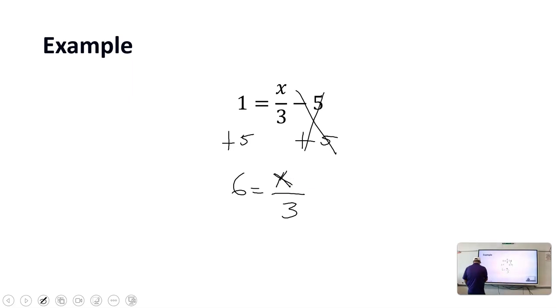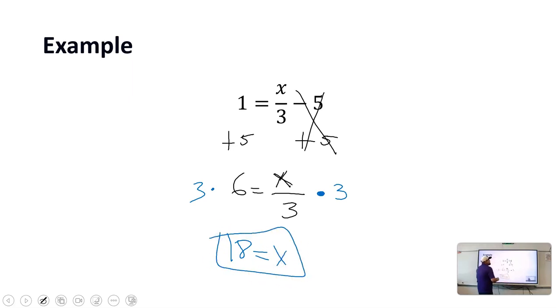Okay, and the inverse of division is multiplication. So we're going to multiply both sides by 3. And we get 18 equals x for my final answer. And I can plug it back in here. 18 divided by 3 is 6, and 6 minus 5 does equal my 1.